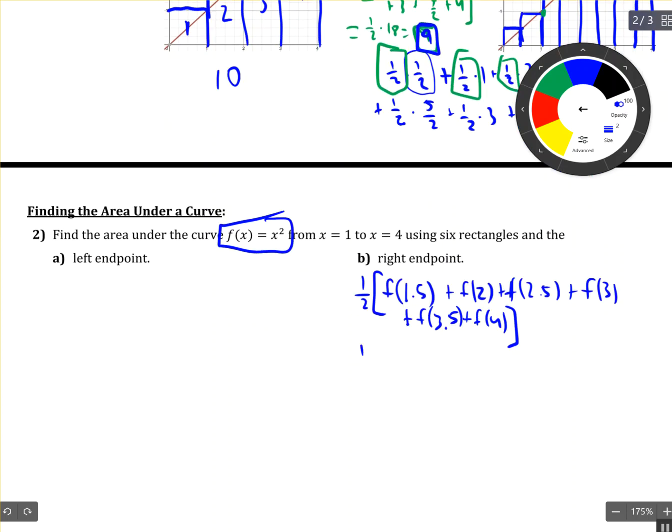And so that ends up being 1/2 times 1.5 squared plus 2 squared plus 2.5 squared plus 3 squared plus 3.5 squared plus 4.